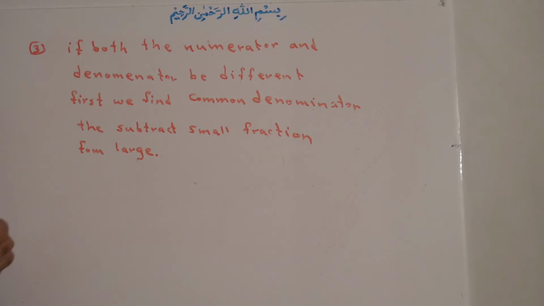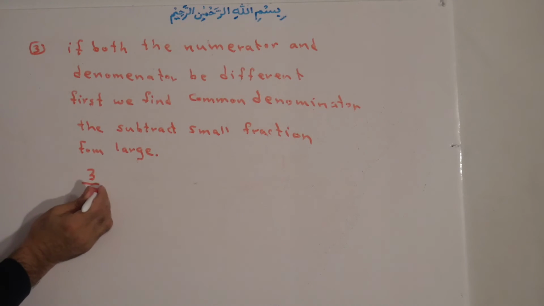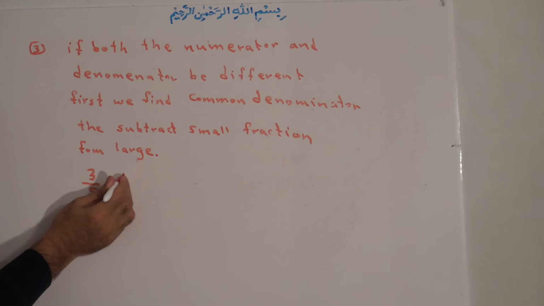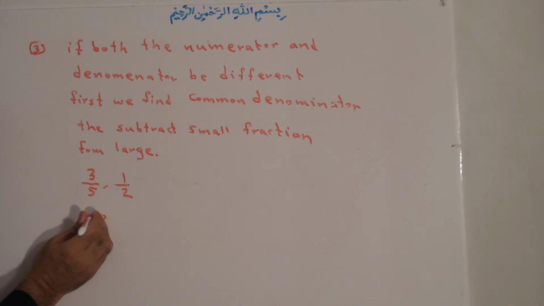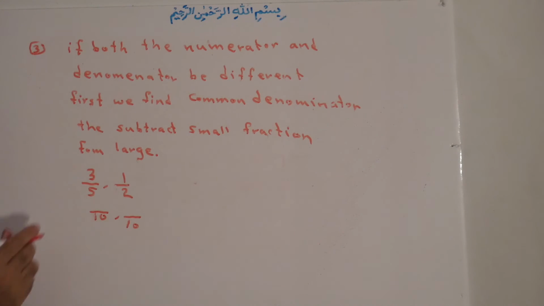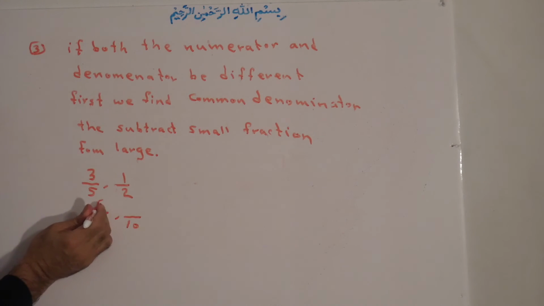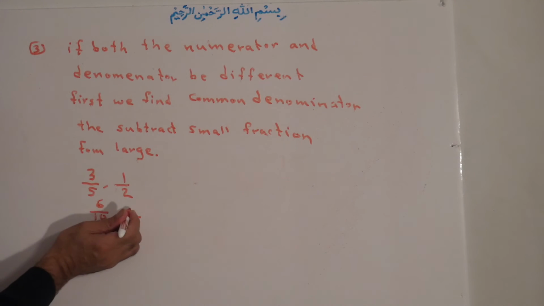For example, we have 3/5 and the other fraction is 1/2. Now we don't know which one is greatest. What we do, we find a common denominator for them. For both, 5 times 2 is 10, 10 and 10. 10 divided by 5 is 2, 2 times 3 is 6. 10 divided by 2 is 5, 5 times 1 is 5.